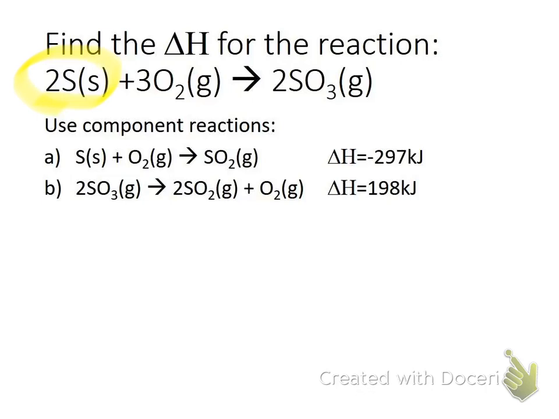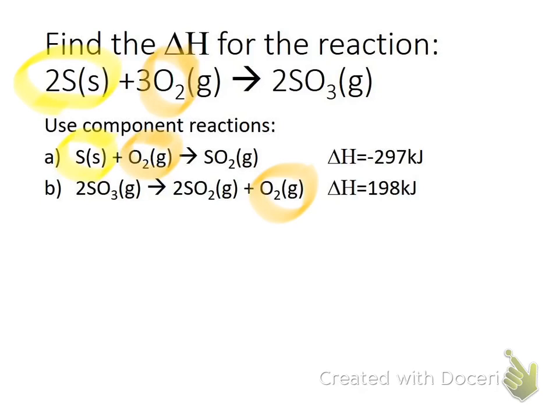Is it located in A or B? It's located in A. I'm going to switch colors here, and let's talk about this O2. Do we see O2 in any component reaction? It's located in both A and B.